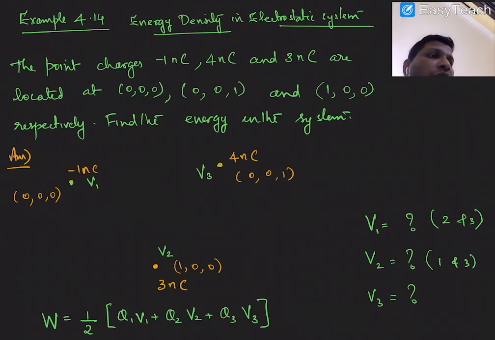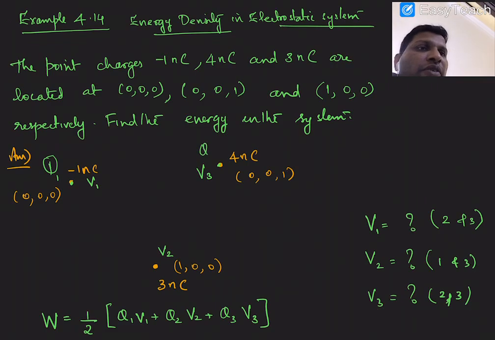V3 is the potential at point 3 due to the charges 1 and 2. Let's say this is Q1, this is Q2 and this is Q3. When we calculate V1, note that V1 is the potential at point 1 due to the charges Q2 and Q3.